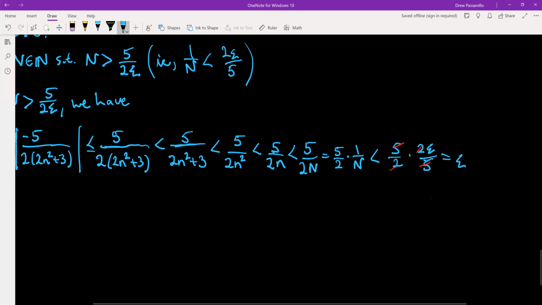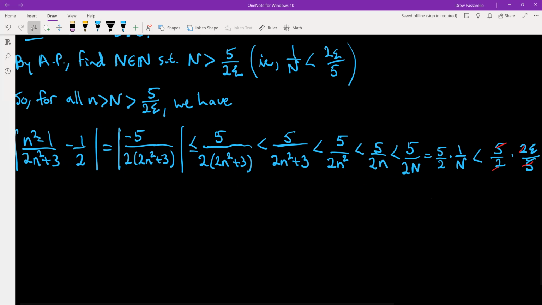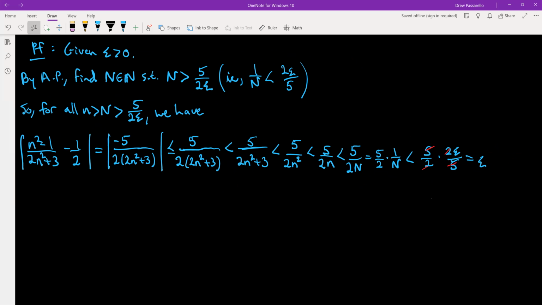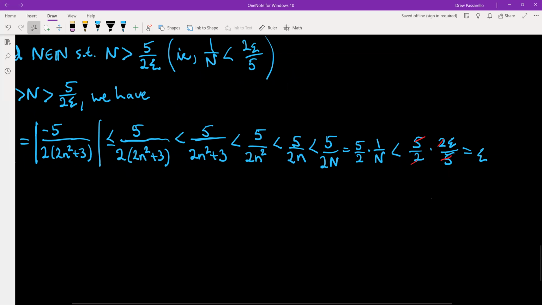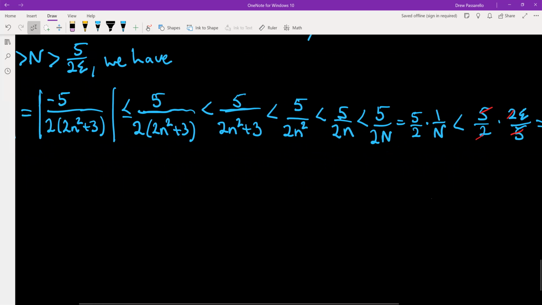All right, so that's how I did the proof. So I zoomed out just to show it, and I did have a lot of strings of inequalities. So I could have condensed it and maybe just said, 5 over 2n squared plus 3 is eventually just less than 5 over 2n.